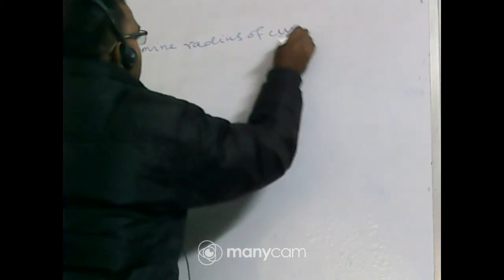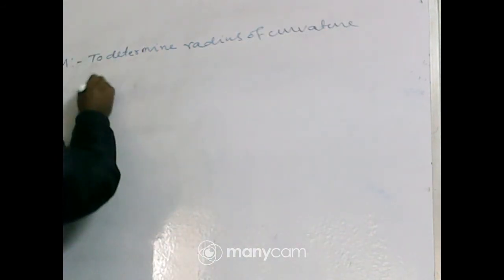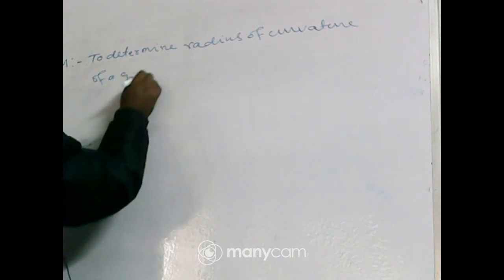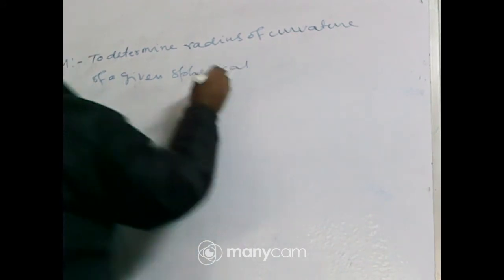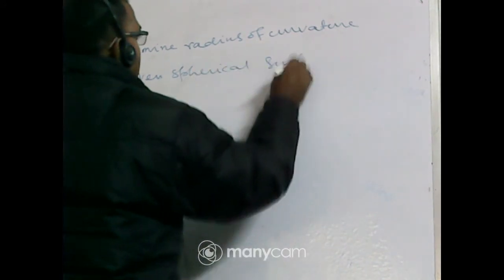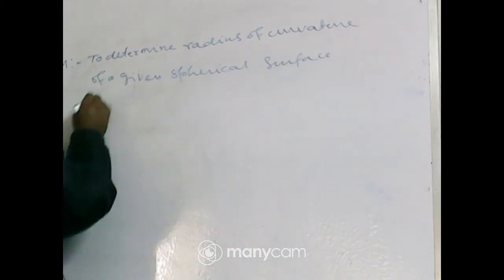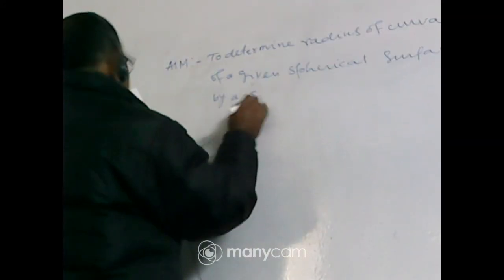Aim of this experiment: to determine the radius of curvature of a given spherical surface by a spherometer.